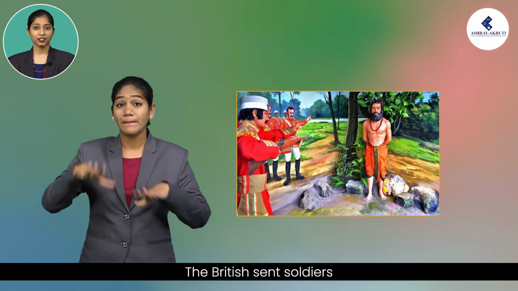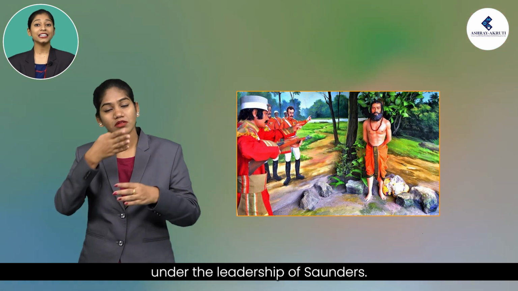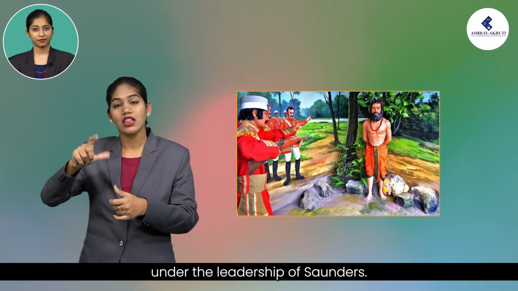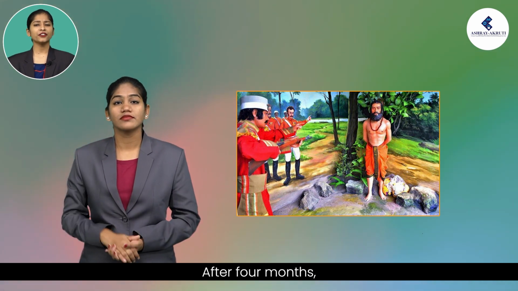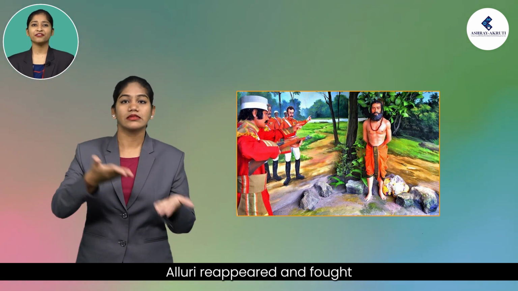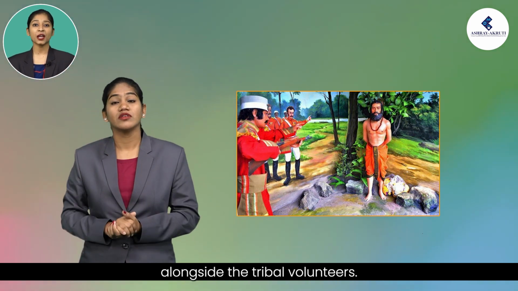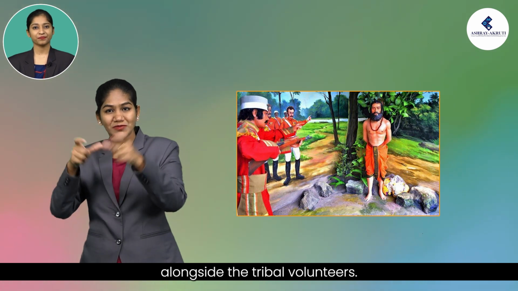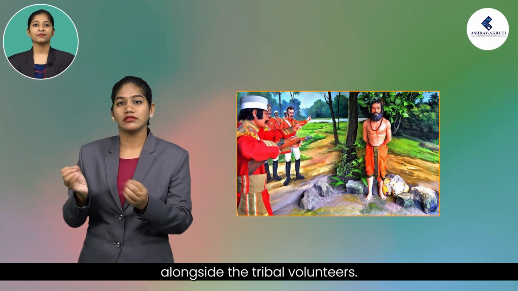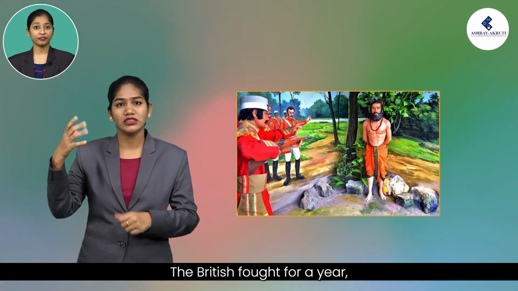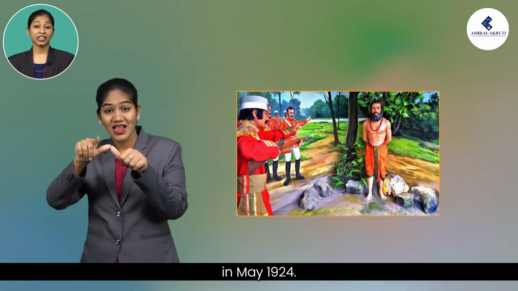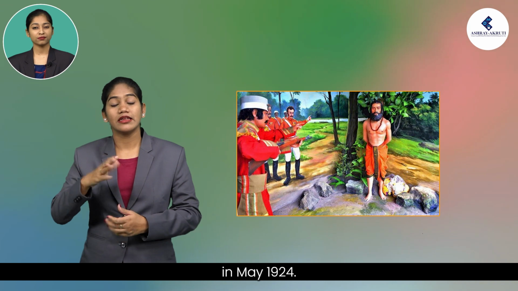The British sent soldiers under the leadership of Saunders. After 4 months, Alluri reappeared and fought alongside the tribal volunteers. The British fought for a year, then caught and killed Alluri in May 1924.